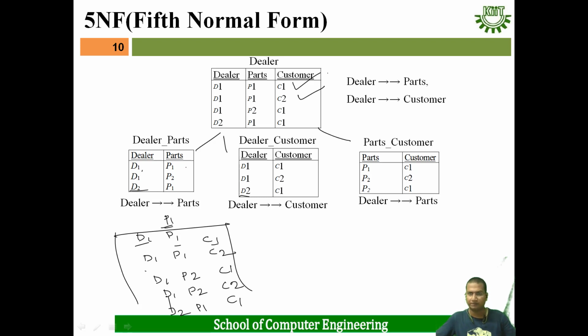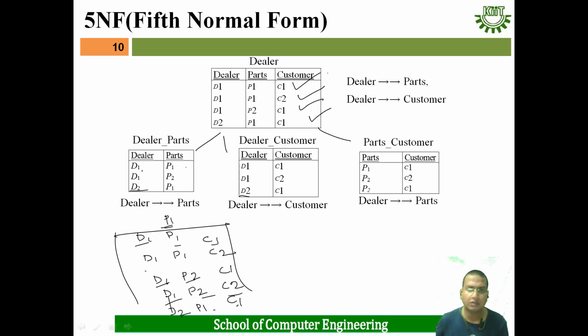Then D1 P2, P2 is common, then C2, D1 P2 C2, and D1 P2 C1. Yes, D1 P2 C1 is there. Yes, then D2 P1 C1.